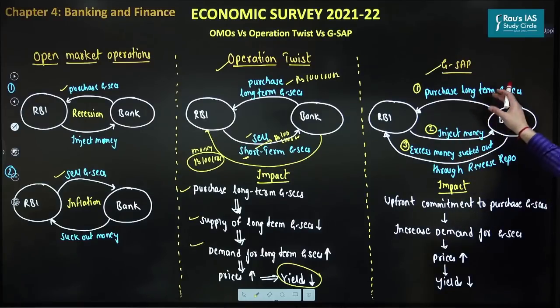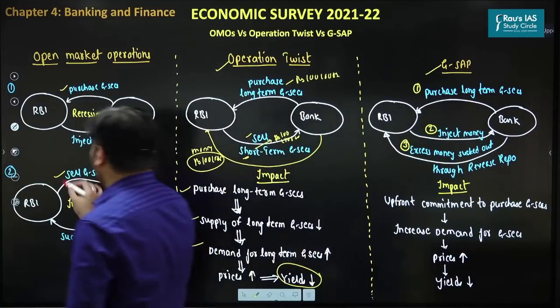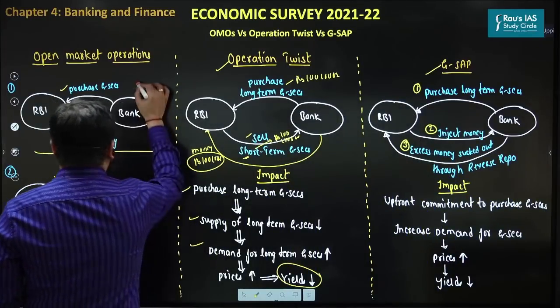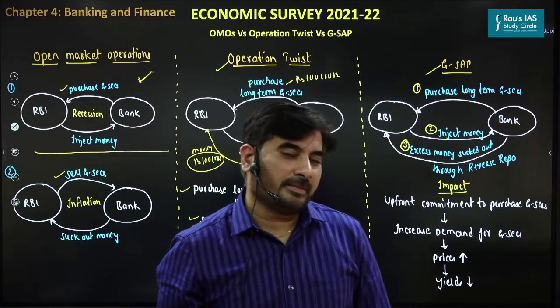When it comes to GSAP, Government Securities Acquisition Program, it is almost similar to the open market operation where RBI is purchasing the government securities. But there's one difference here.